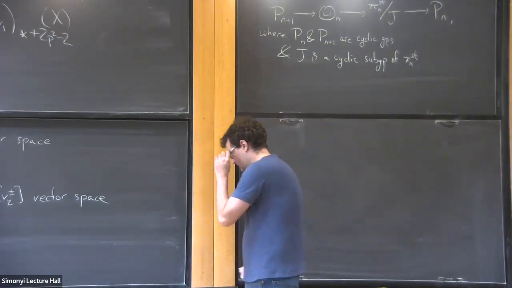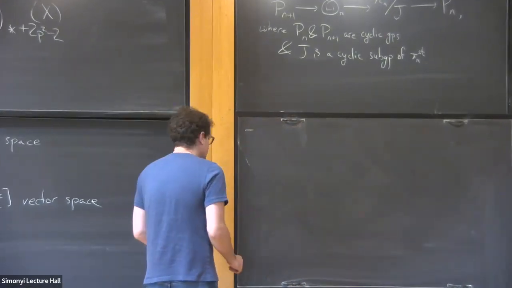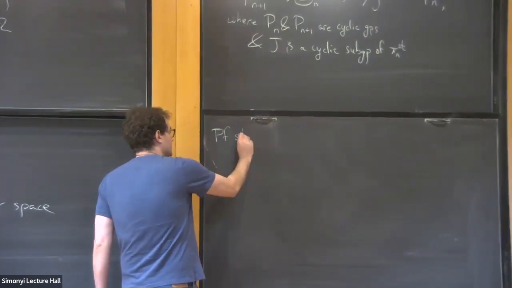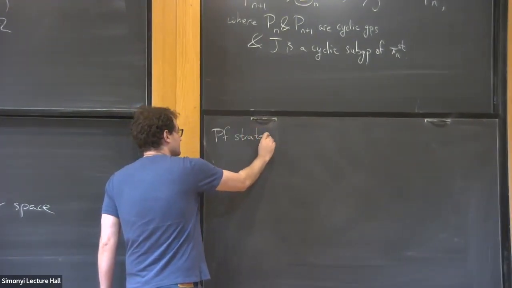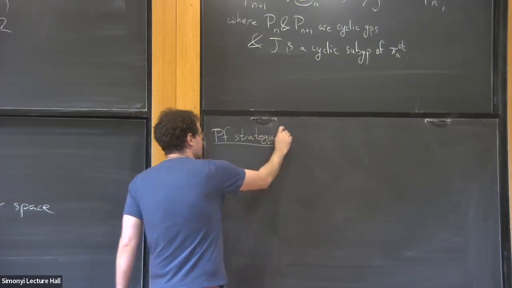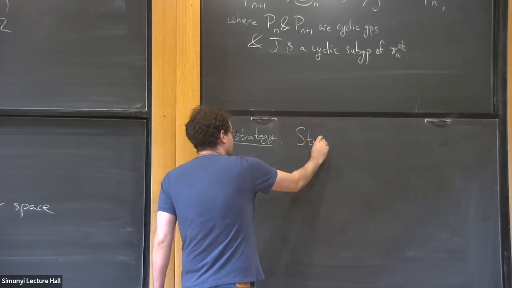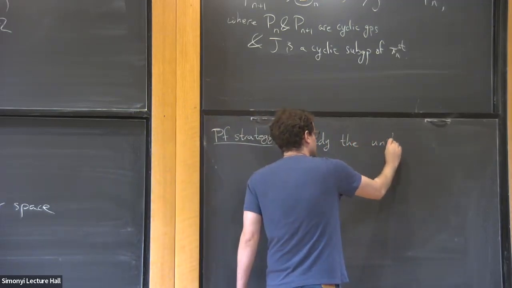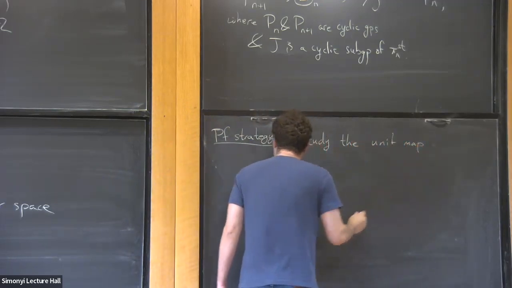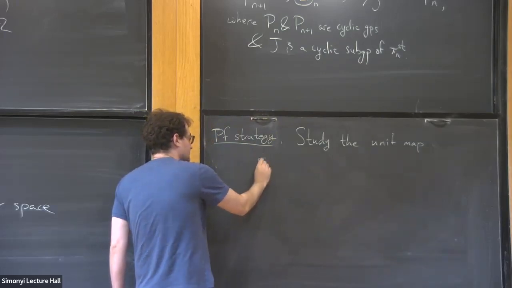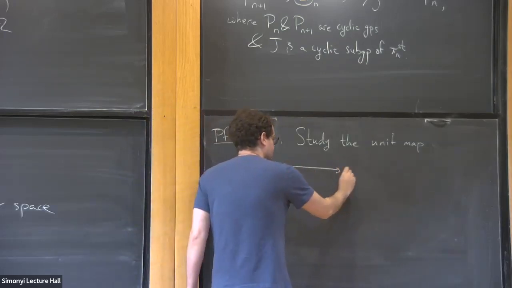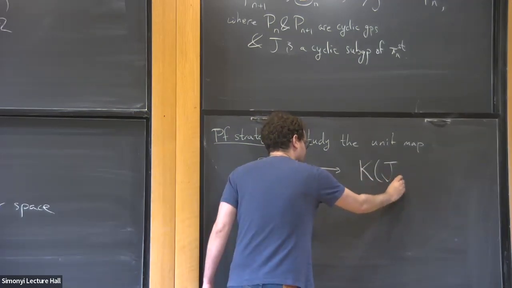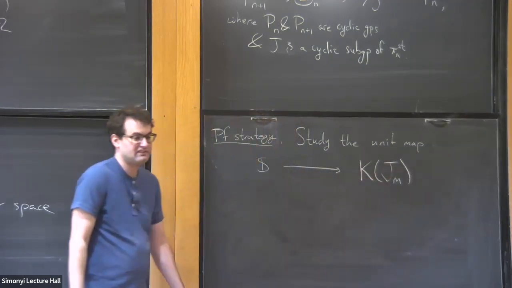So what's the rough strategy that we're going to use to prove this thing is infinite dimensional? Let's study the unit map from the sphere to an algebraic K theory of some ring spectrum that I'll call Jm.